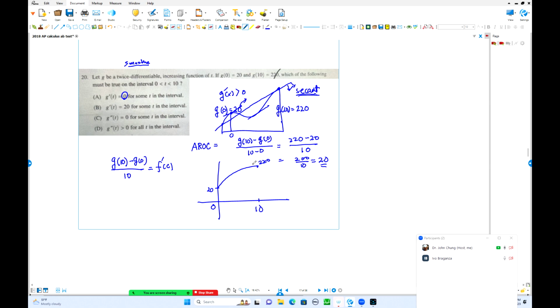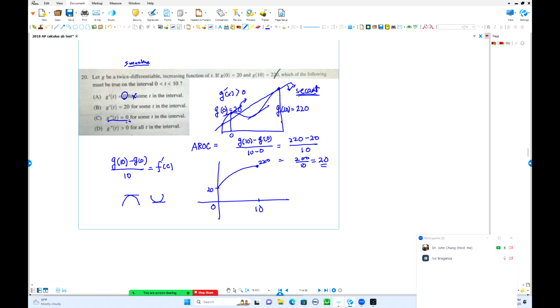It's all the way increasing, but there's no local maximum or minimum. There's no point c which has slope 0, right? To have a slope of 0, you can use this type of graph. But here there's no slope of 0, so this is wrong.